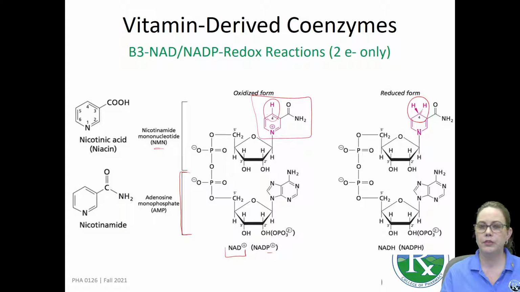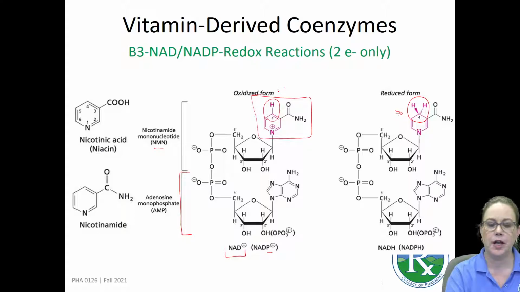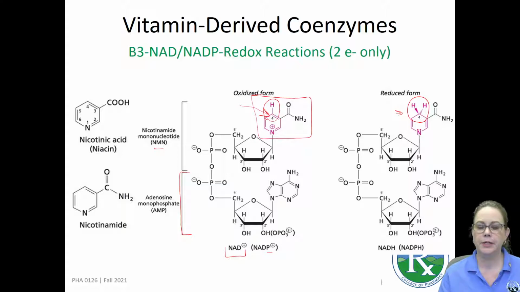So in the reduced form, we'll be transferring a hydride from our coenzyme to the substrate. With the oxidation, we are going to be transferring a hydride from our main substrate onto our nicotinamide coenzyme. It'll be accepting that hydride at that 4 position as well.